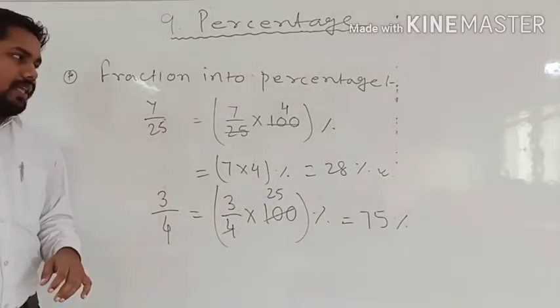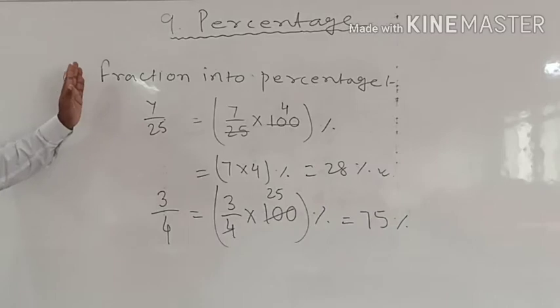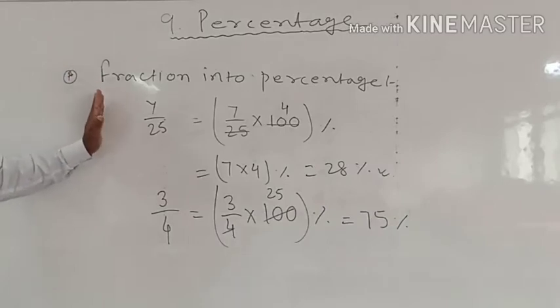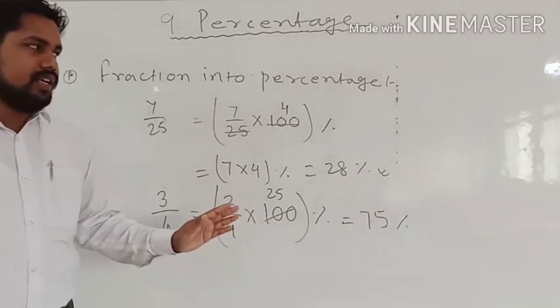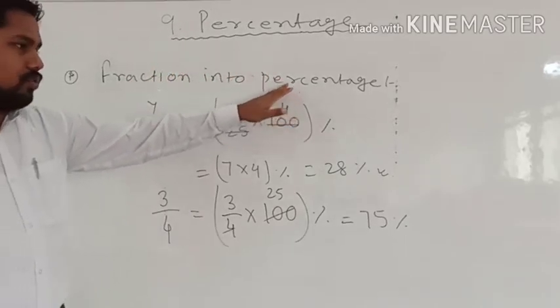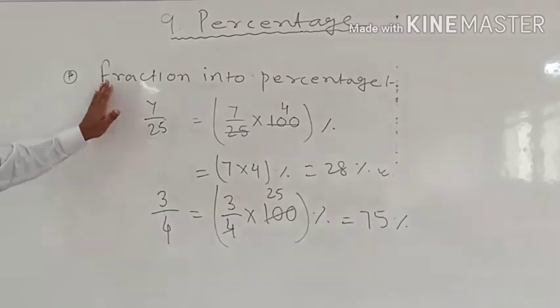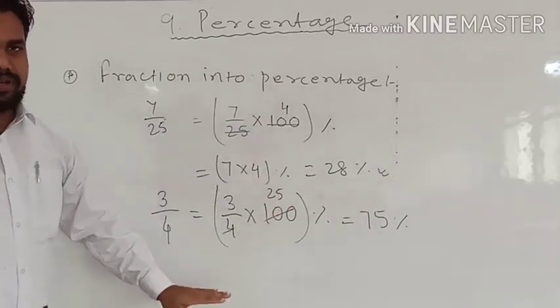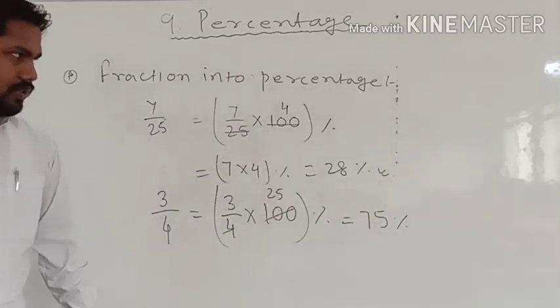So very simply, this is how you can convert one unit to another. Okay, if it is given in percentage, percentage to fraction, then percentage you can convert into decimal, and then fraction to percentage. Okay, now let us see what else we have in this chapter.